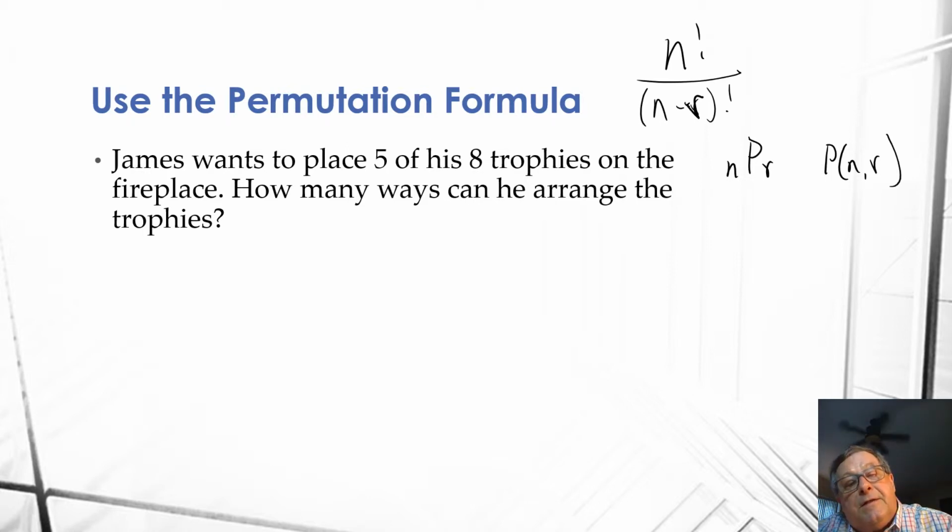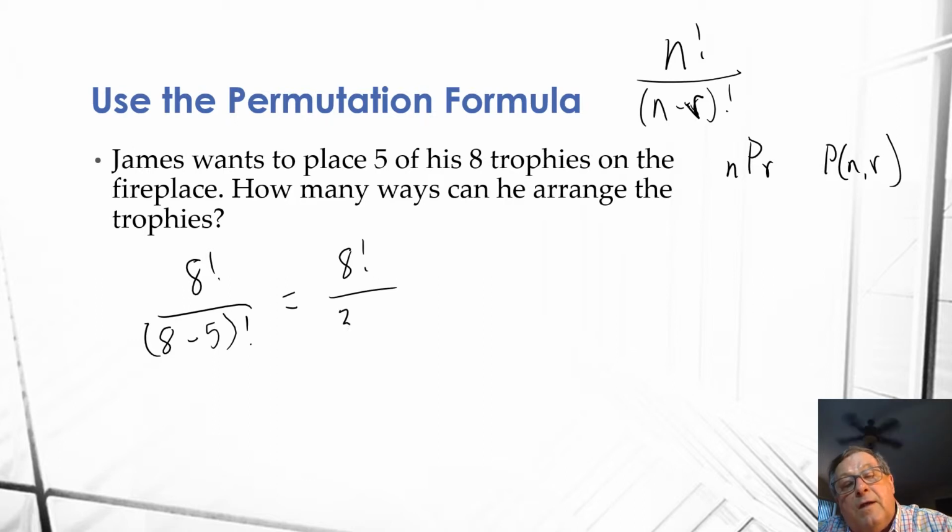So then we can say 8 factorial over 8 minus 5 factorial, 8 being the number of objects, and that equals 8 factorial over 3 factorial, since 8 minus 5 is 3.